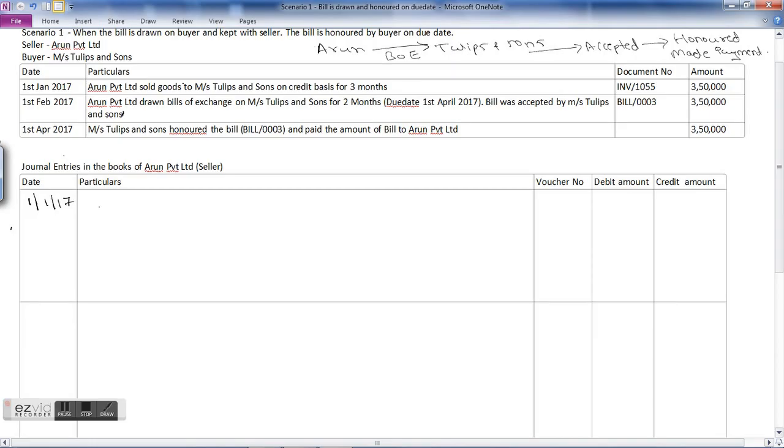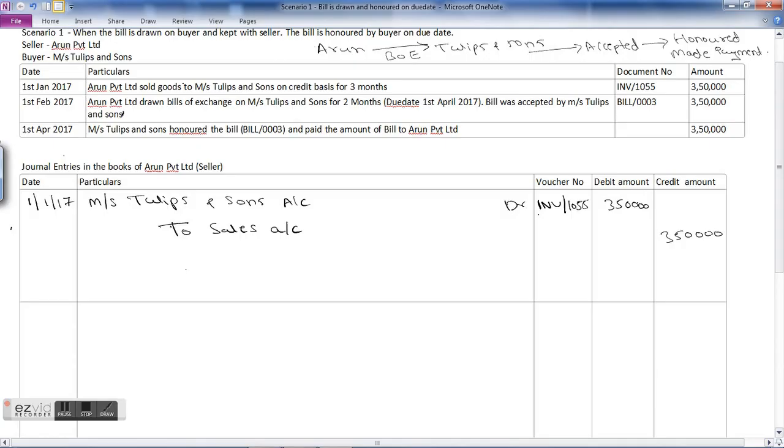Who is the debtor here? Messrs Tulips and Sons account debit, to sales account. What is our voucher number? We'll put it as invoice number 1055. And how much is the amount? 3,50,000.